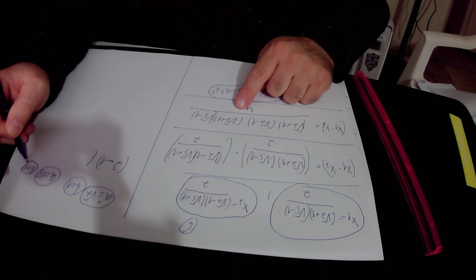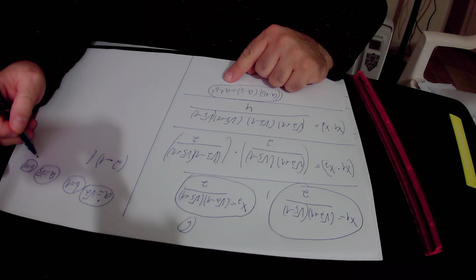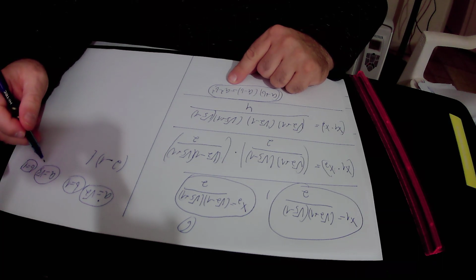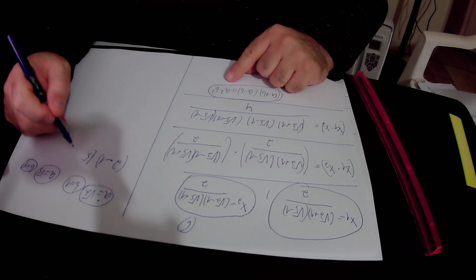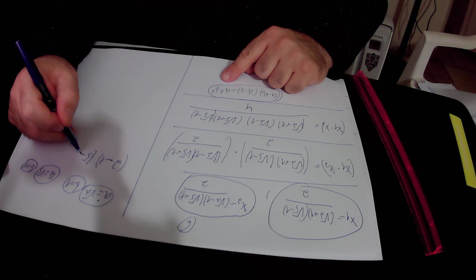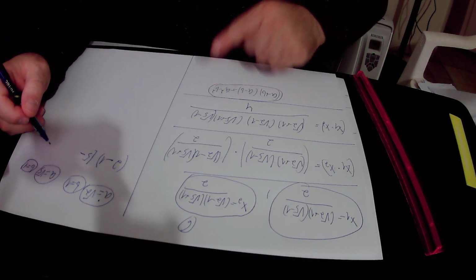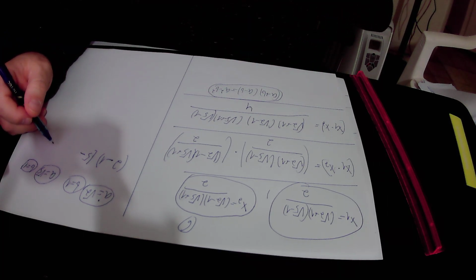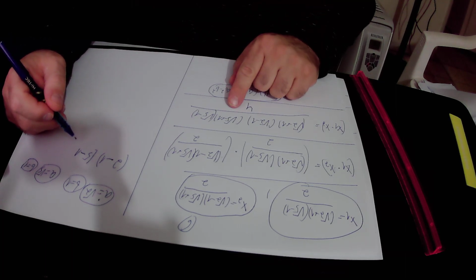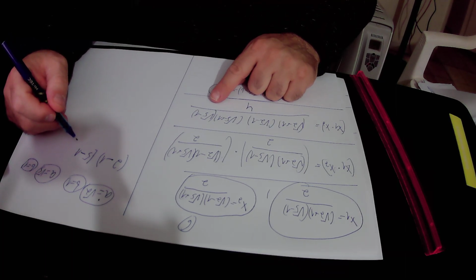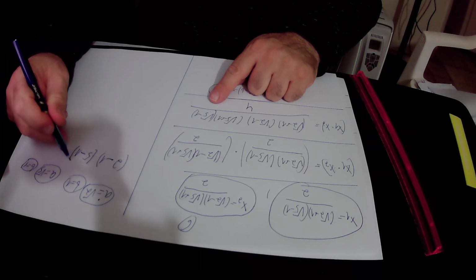So we must get a squared minus b squared. A squared is square root of 5 squared, which is 5, minus b squared. B squared is 1 squared, which is 1. So in conclusion, we found out that square root of 5 plus 1 times square root of 5 minus 1 is 5 minus 1.